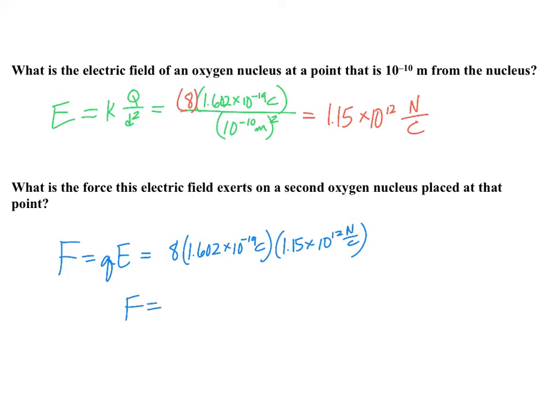So the force works out to be 1.47 times 10 to the minus 6 newtons. Really small force, as far as we're concerned, but for an atom of that size, that's a lot of force, as we saw in that other example a little bit ago.